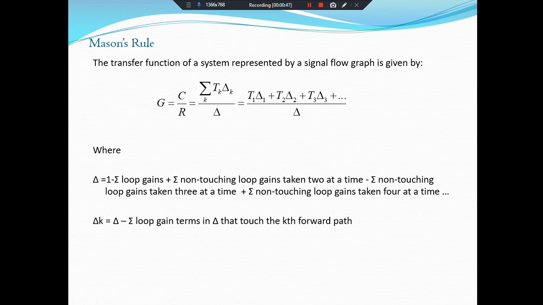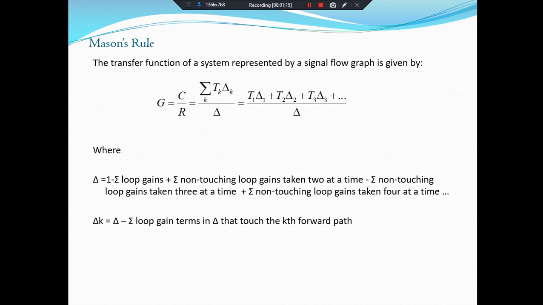The Mason rule says the transfer function of a system that is represented by the signal flow graph is given by the formula Mason proposed, written here. G, the transfer function, is equal to C of S over R of S, meaning output over input, which will be equal to summation of K, T_k delta_k over delta. What is that K? K is the number of forward paths.